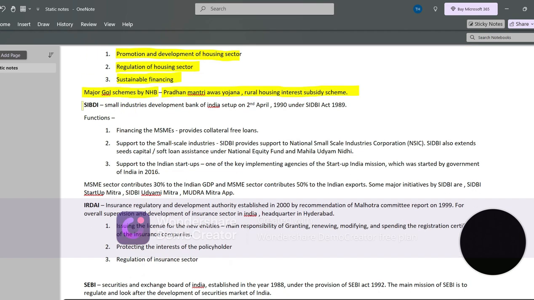Next is SIDBI. SIDBI is Small Industries Development Bank of India. It was set up on 2nd April 1990 under the SIDBI Act, which was passed in 1989. Its functions are financing the MSMEs, supporting small scale industries, and supporting the Indian startups.